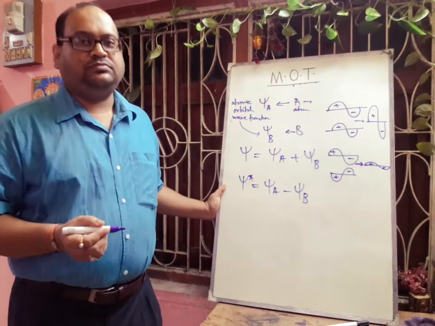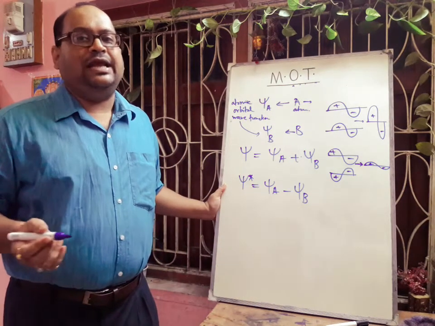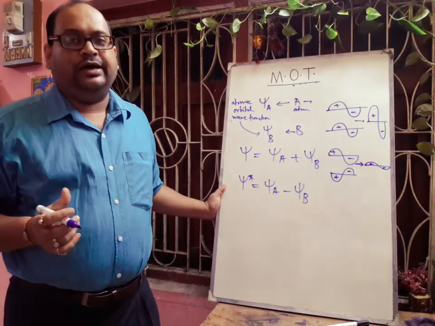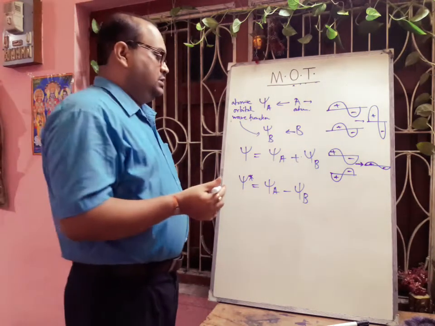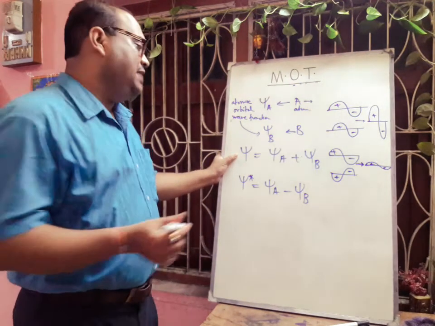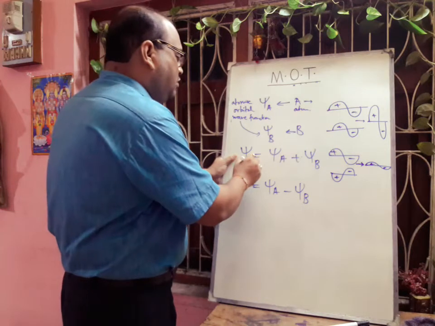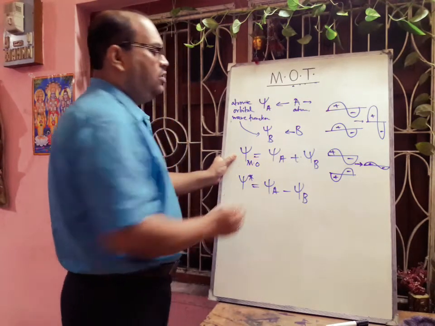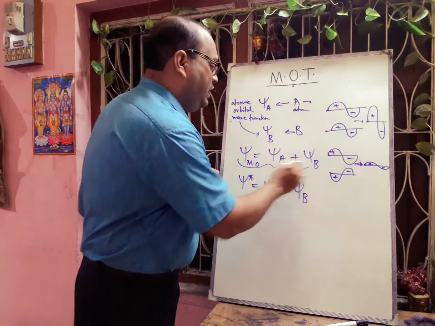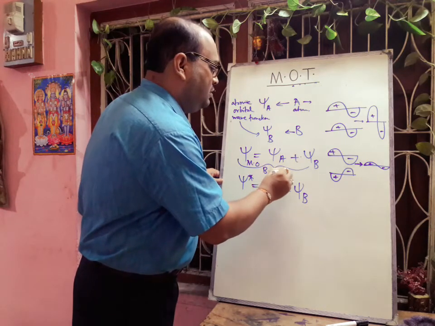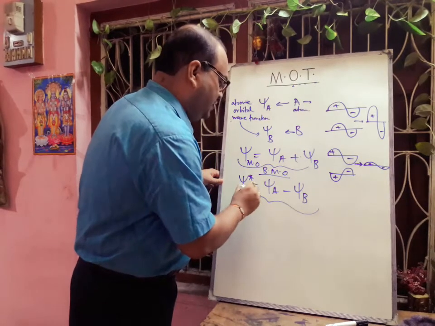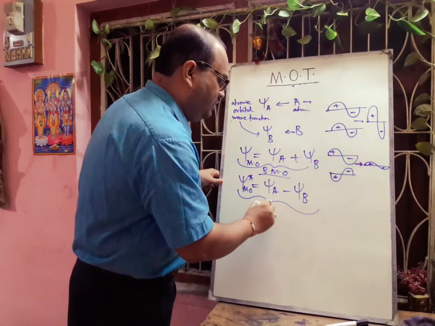Now the addition overlap is called the bonding molecular orbital. So psi is equal to psi A plus psi B. This is nothing but the molecular orbital. The psi MO will be psi A plus psi B. This is for the bonding molecular orbital, and psi star MO will be for the anti-bonding molecular orbital.